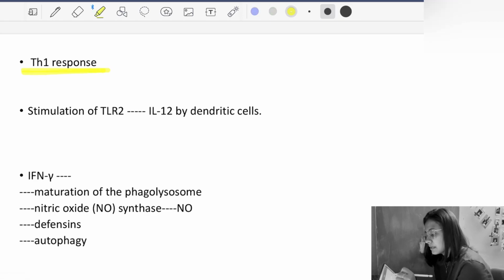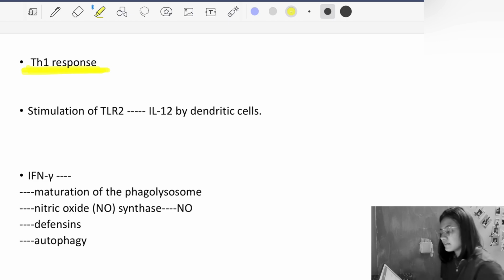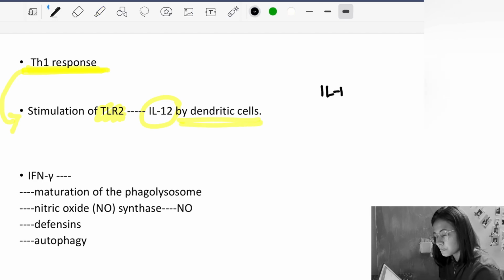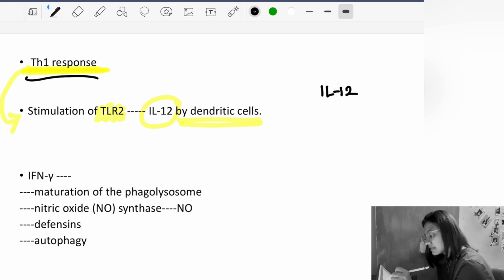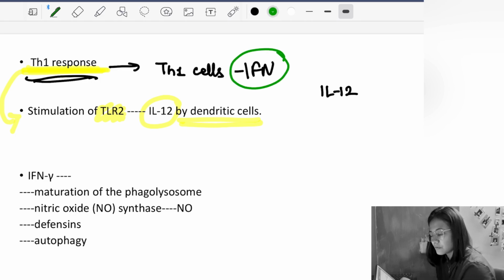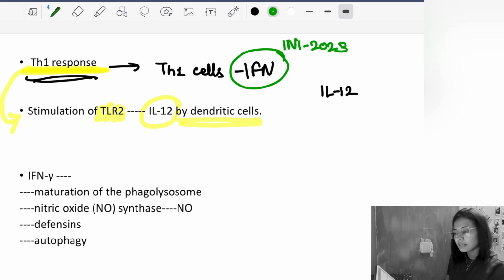It's a type 1 helper T cell response. So when this happens, it stimulates the toll-like receptor 2, which produces interleukin 12 by the dendritic cell. So interleukin 12 is produced, and this T helper 1 response will lead to T helper 1 cells producing interferon gamma. So this was the INI 2023 question, interferon gamma.